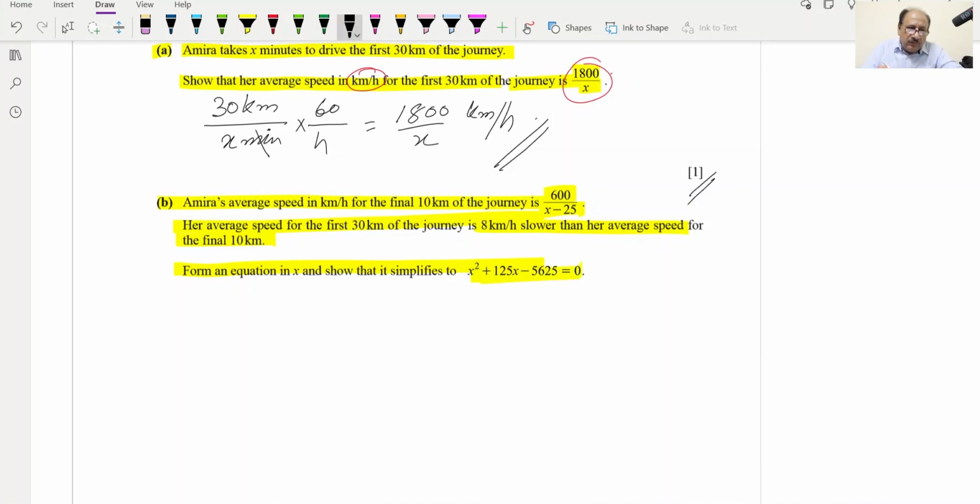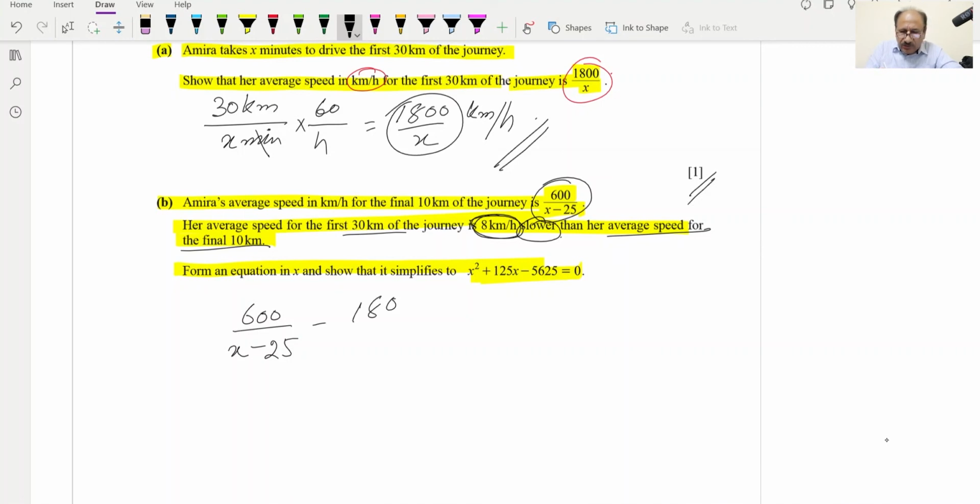So we can write 600 over x minus 25, and the average speed of 30 is 8 kilometers slower than the average speed of this. So this minus this one which we have found earlier has a difference of 8 kilometers per hour. So we'll be forming an equation.